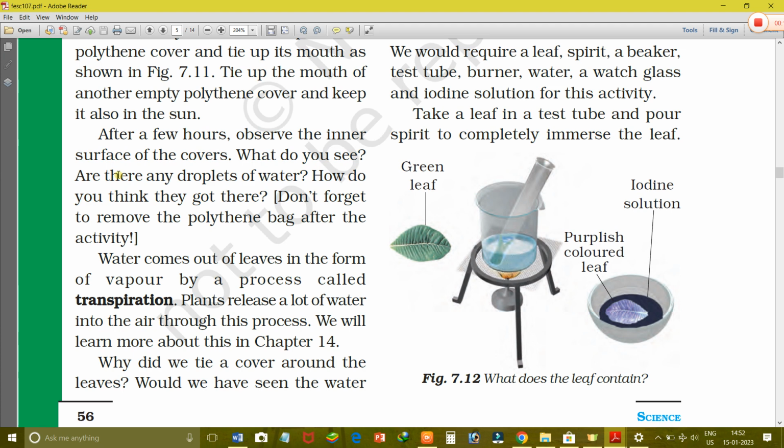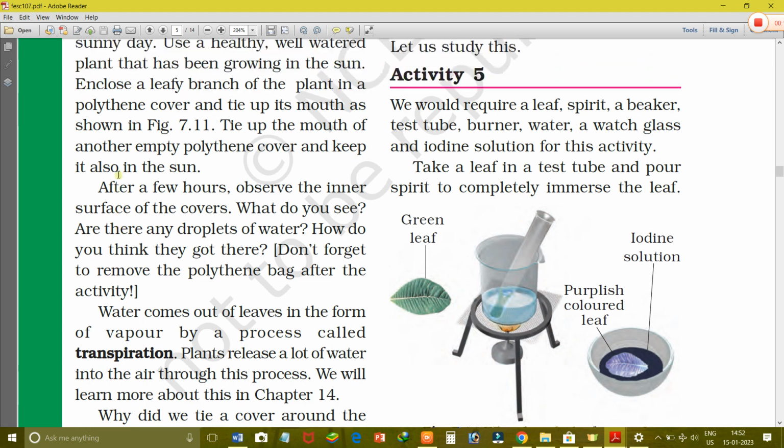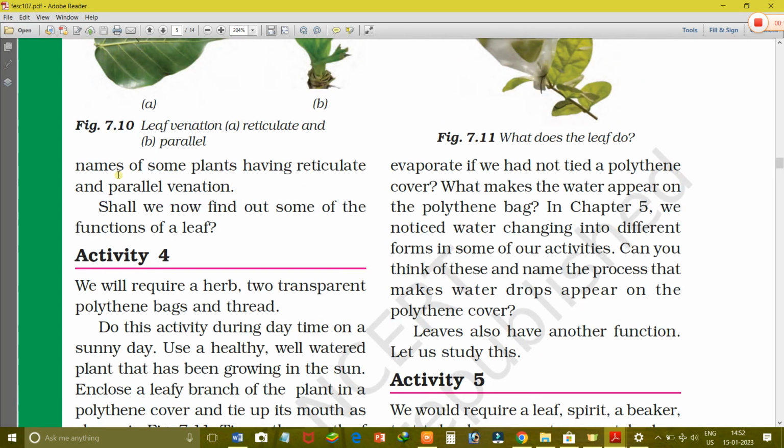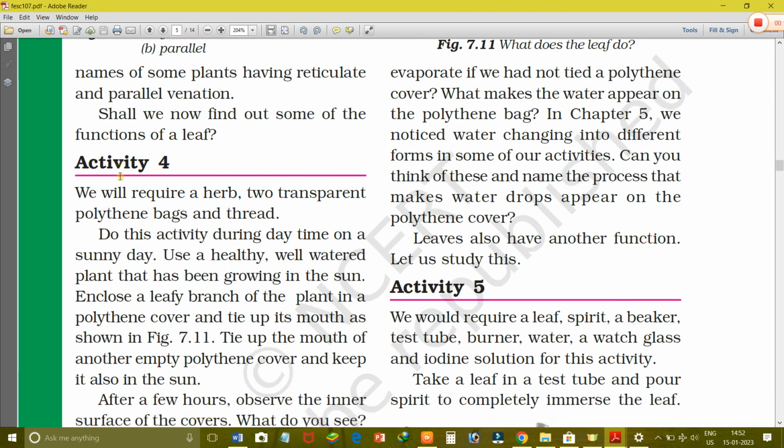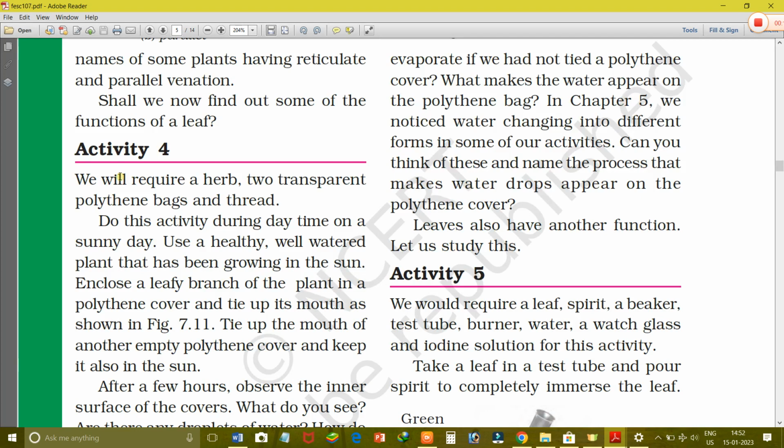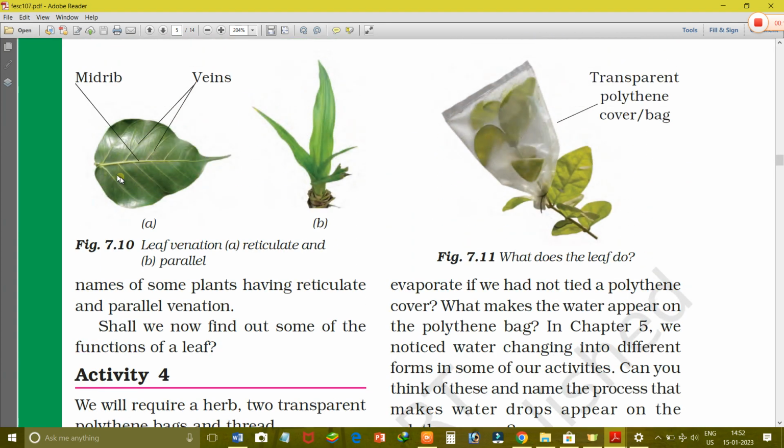Why did we tie a cover around the leaves? Would we have seen the water evaporate if we had not tied the polythene cover that makes the water appear on the polythene?